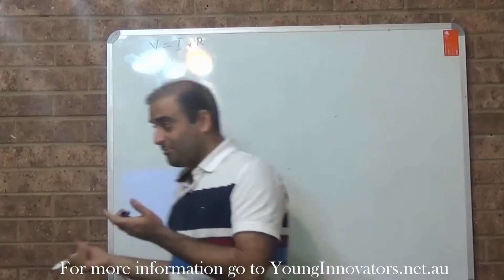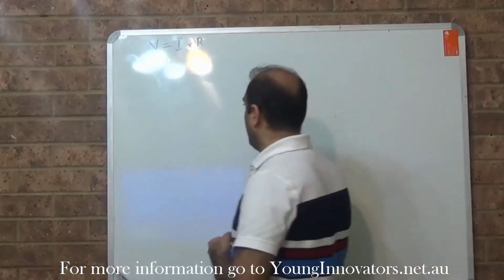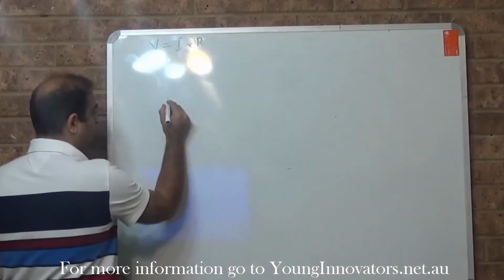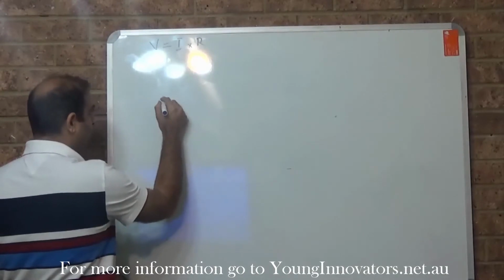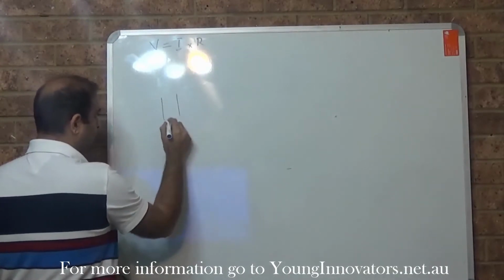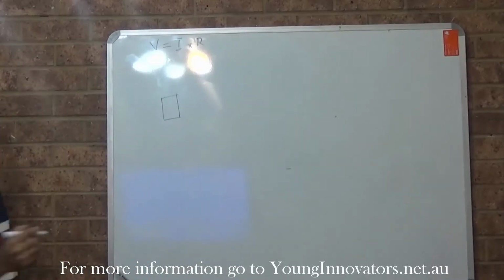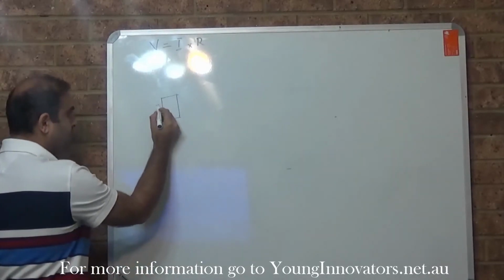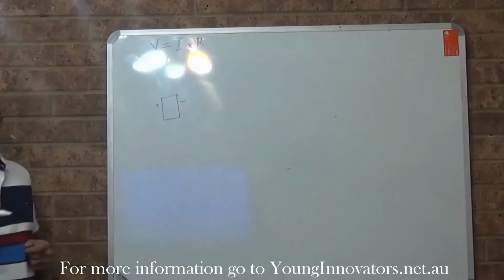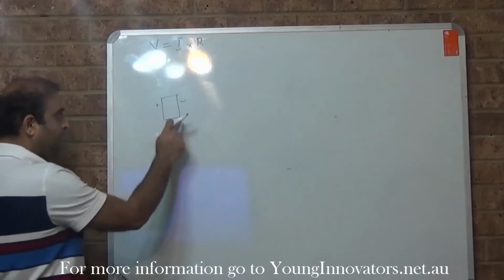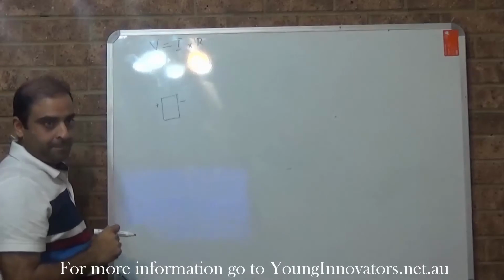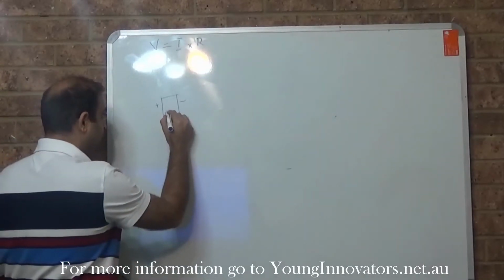This is the experiment that we just did. We have a battery, the battery that you guys just saw, and the battery has a positive point and a negative point. How many volts was the battery? 9 volts. Very good.